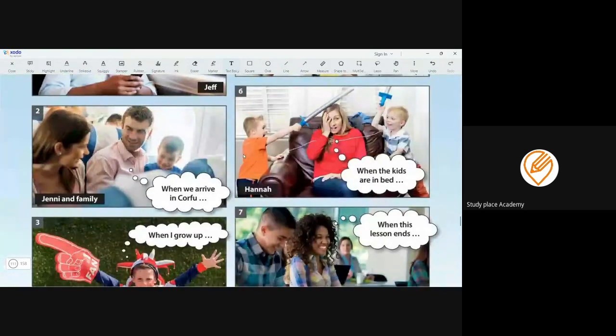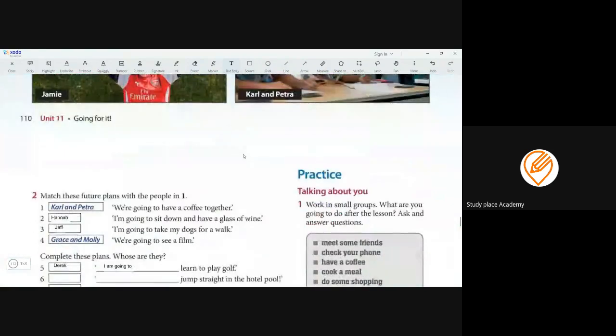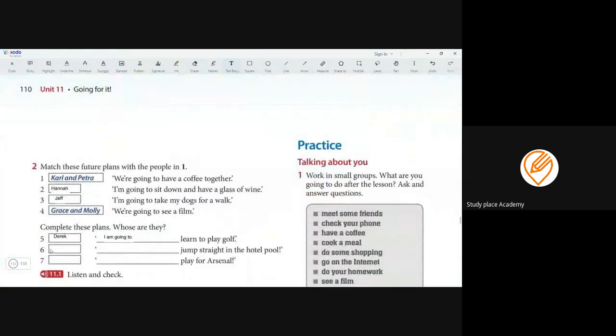So Jenny and family. We are going to jump straight in the hotel pool.